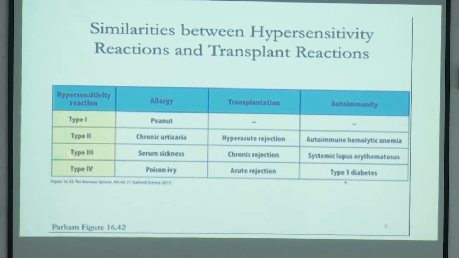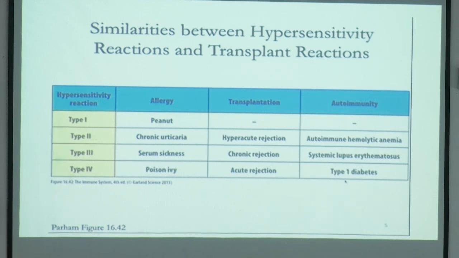Okay. What is type 3? Antigen antibody complexes. Type 2 reaction occurs because of antibody mediation. Type 3 is antigen antibody complex and type 4 is delayed type hypersensitivity, mediated by T cells.